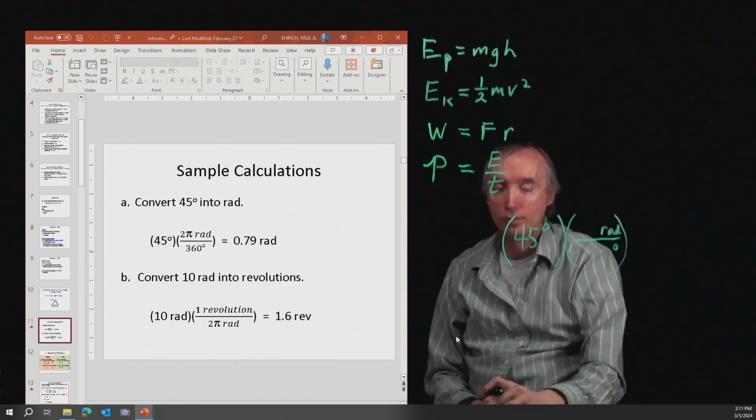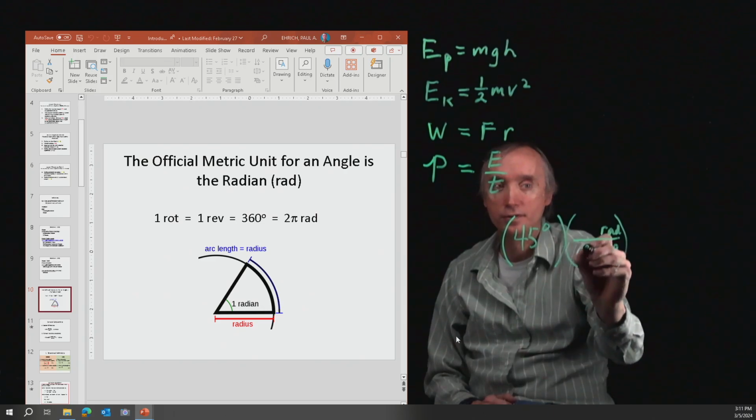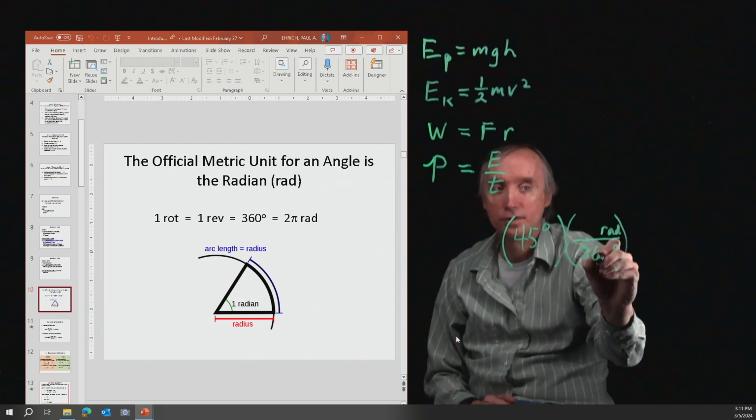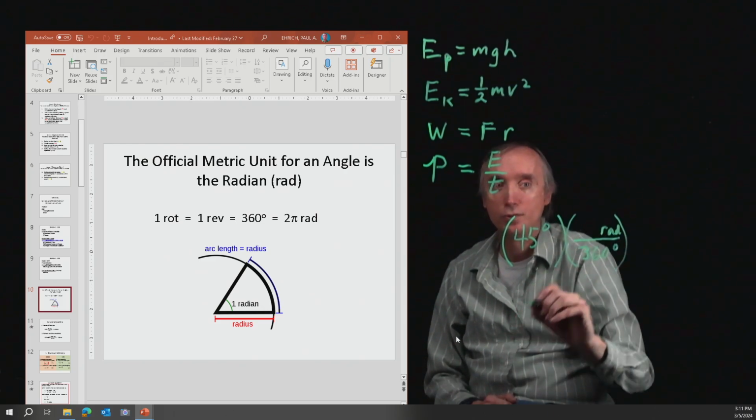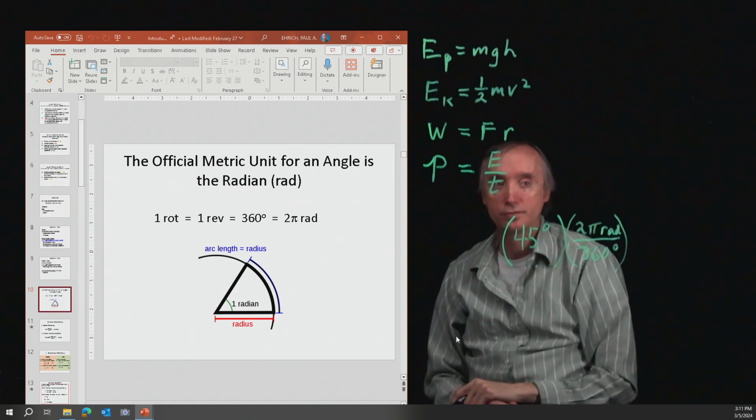Now I need to go back to my conversion factor. It says that 360 degrees is equal to 2 pi radians.